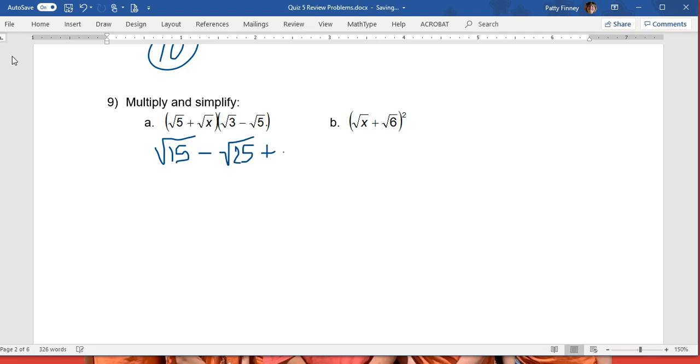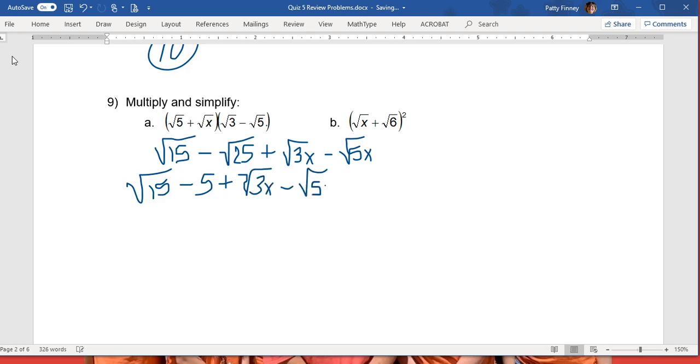Insides plus the square root of 3x. Outsides minus the square root of 5x. Well, the square root of 25 is 5, so we have the square root of 15 minus 5 plus the square root of 3x minus the square root of 5x. That's it. Can't combine anything else.